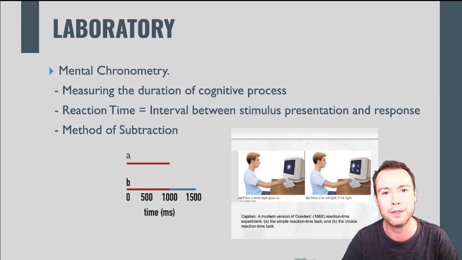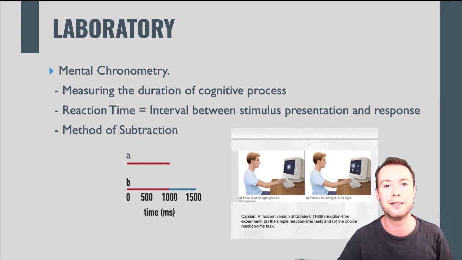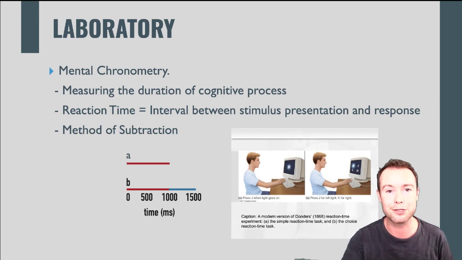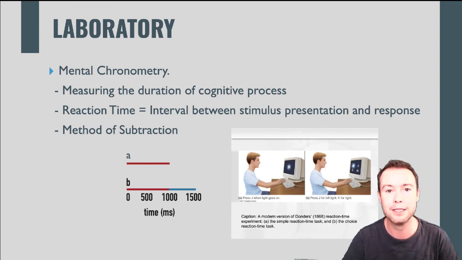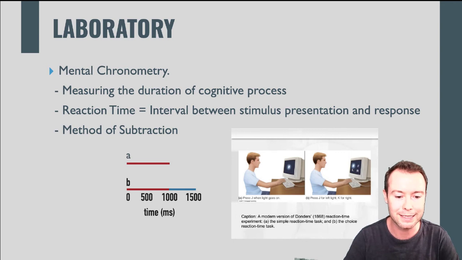We give people a simple reaction time task where they see a light appear on the screen, and as soon as they see the light, they've got to press a button. Your typical reaction time on this might be 150 milliseconds.